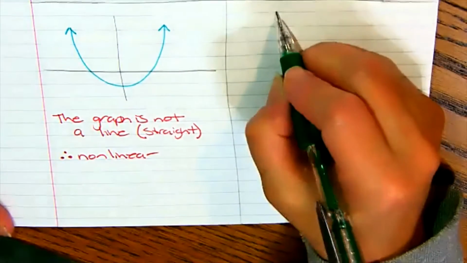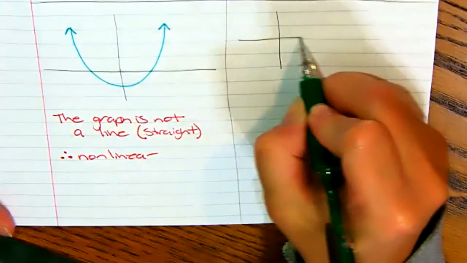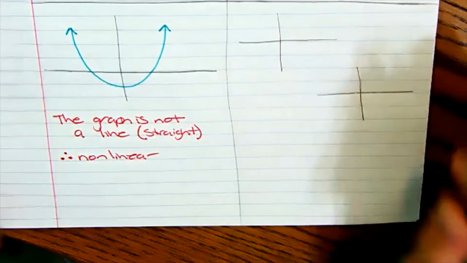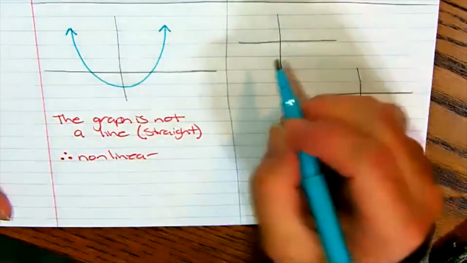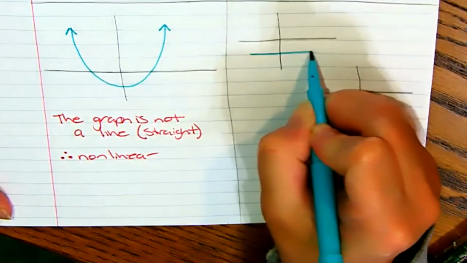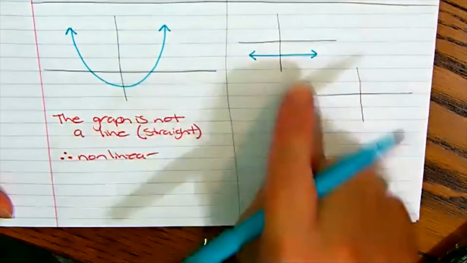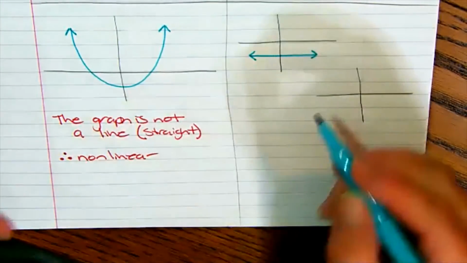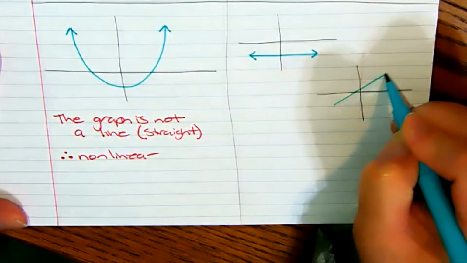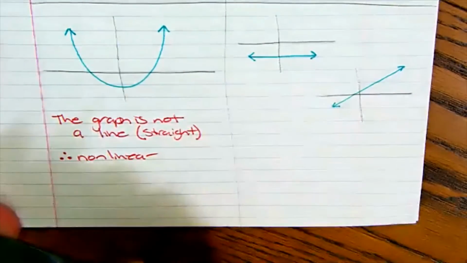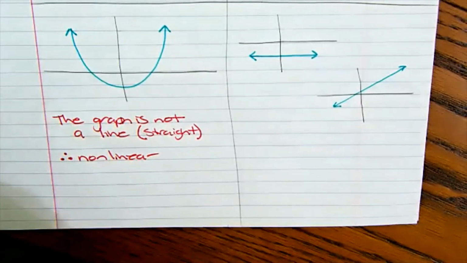So let's take a look at a couple of other examples. Okay, here, y equals -1. That looks like it's a pretty straight line to me. We have a positive sloping graph. Looks like it's a straight line to me.